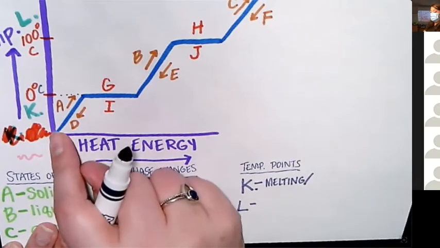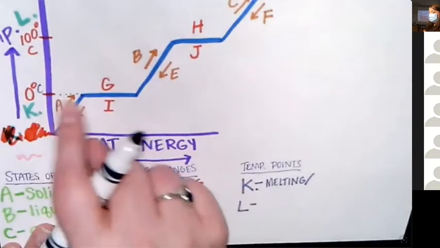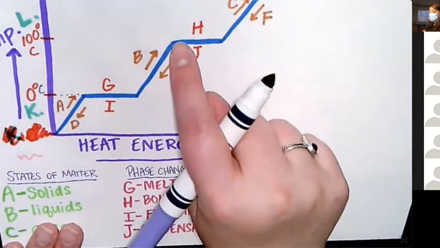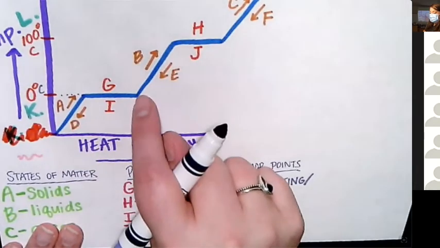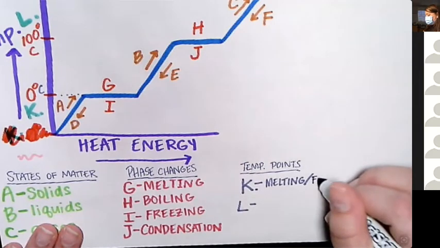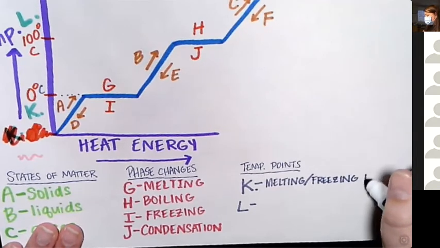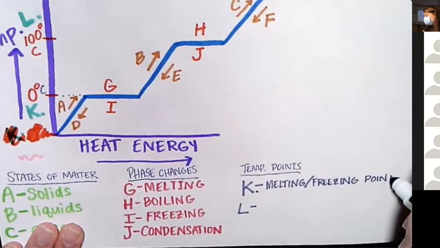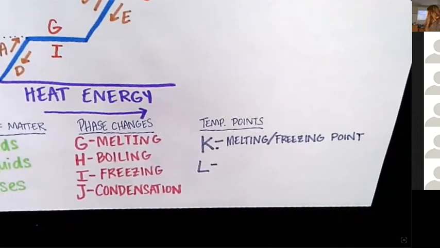Because if we're moving this way, we're getting warmer, this is going to be your melting point. And if we're getting colder, going from liquid water down to solid water, this point right here, 0 degrees, so this is the melting/freezing point. Okay, melting/freezing point.